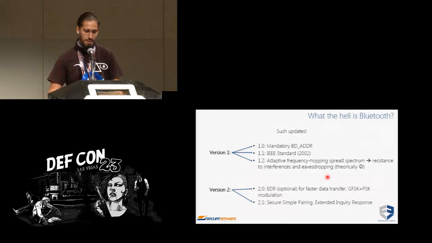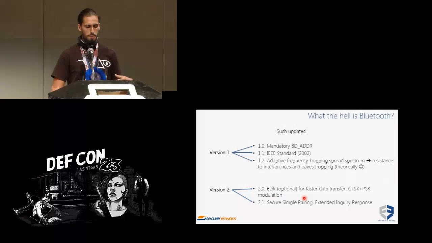Well, theoretically. After that, people knew how it was made, and it was not so simple, but it was possible to eavesdrop on a Bluetooth communication. And from version 2, the enhanced data rate was introduced for faster data transfer.